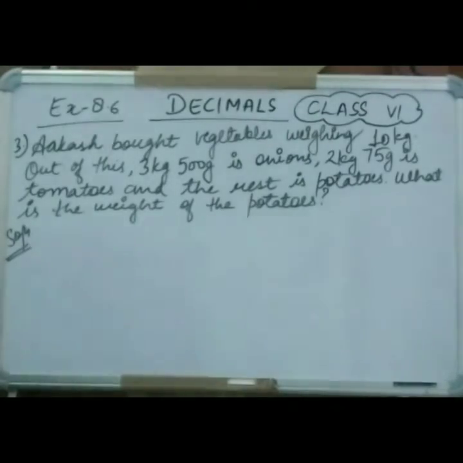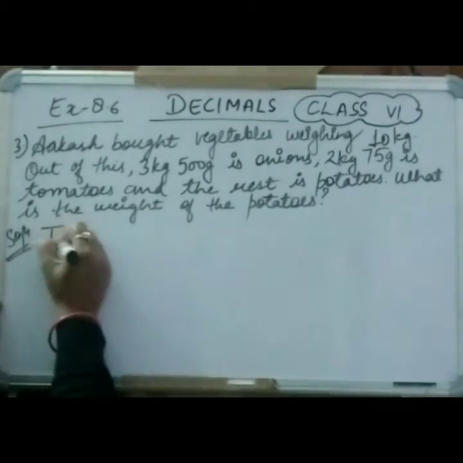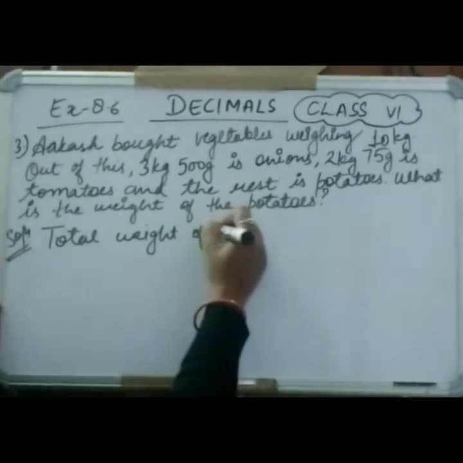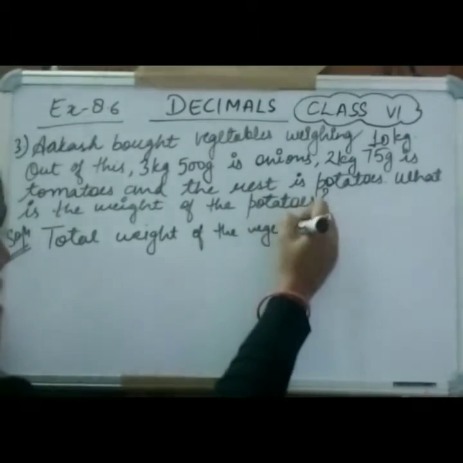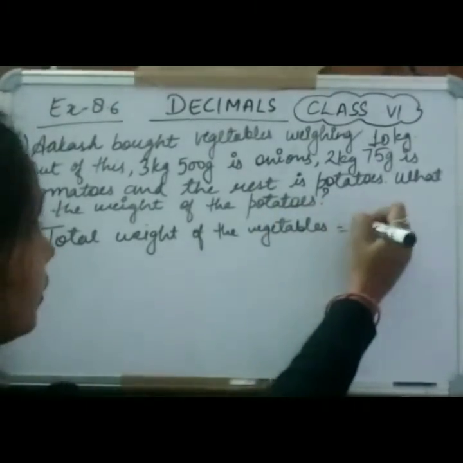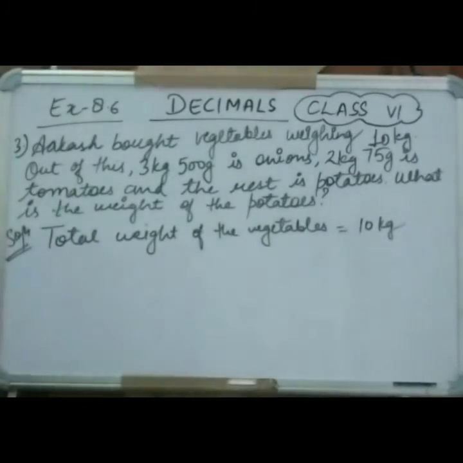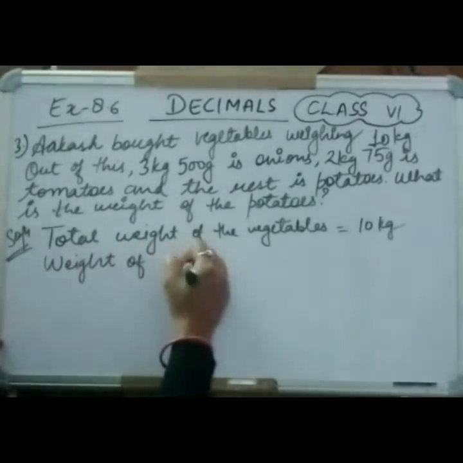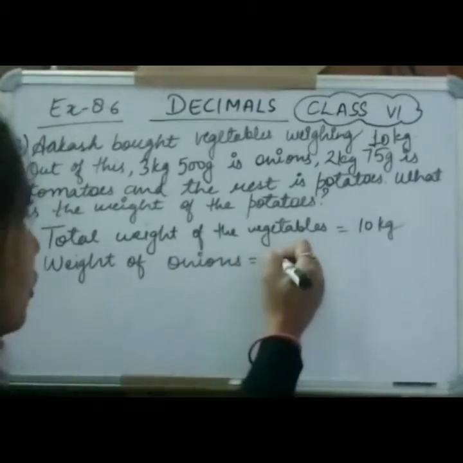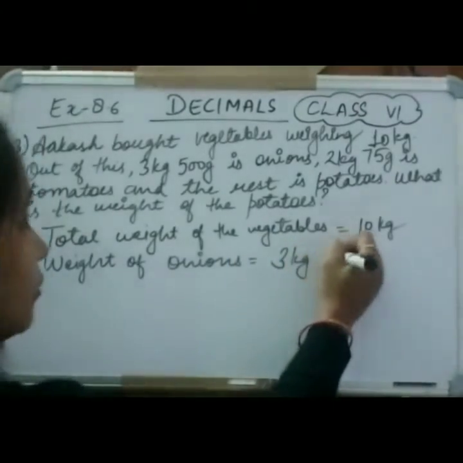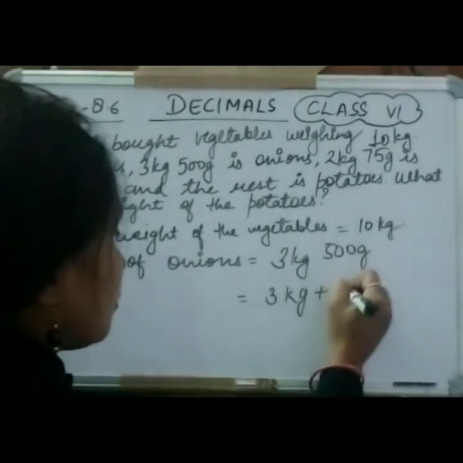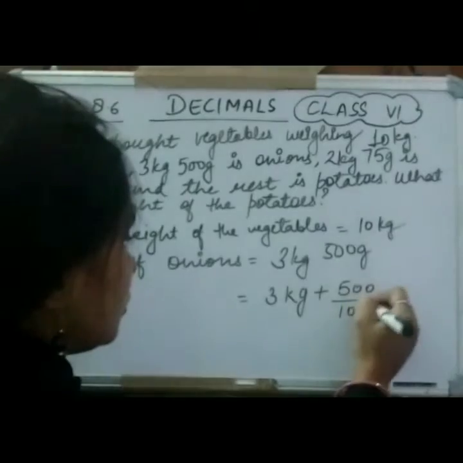So first of all, we will write down total weight. Total weight of the vegetables is 10 kg. Okay. Now weight of the onions. Weight of onions is 3 kg 500 gram. This one we will convert: 3 kg plus 500 upon 1000.